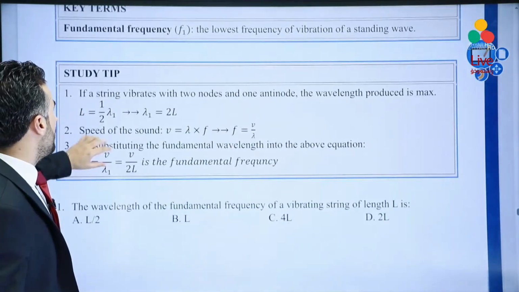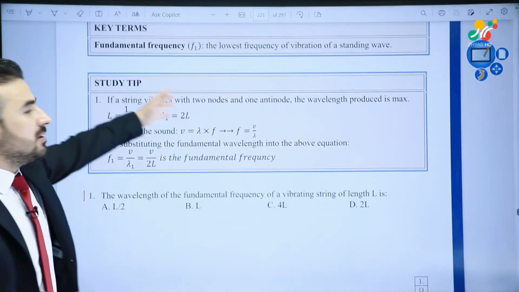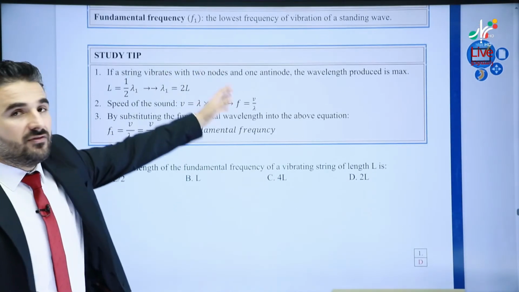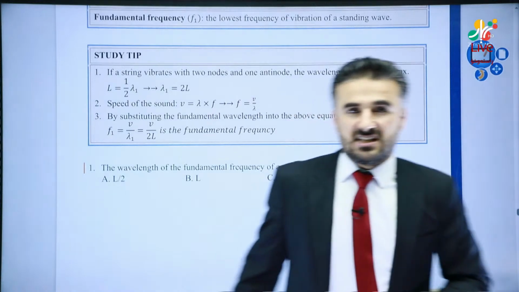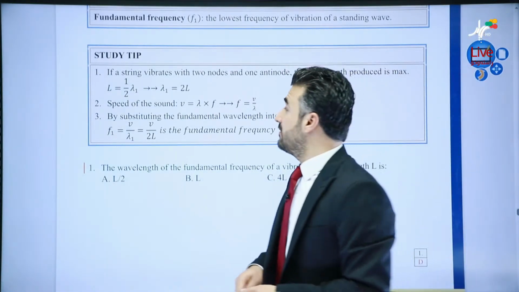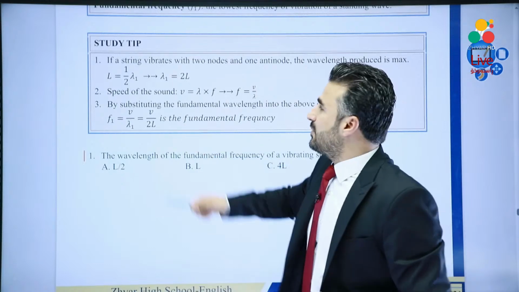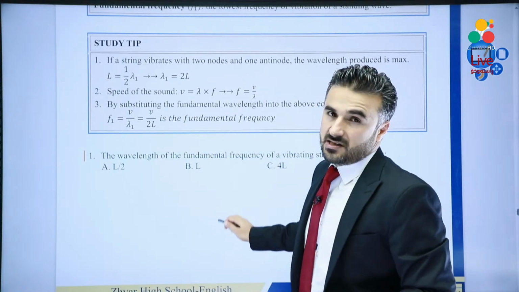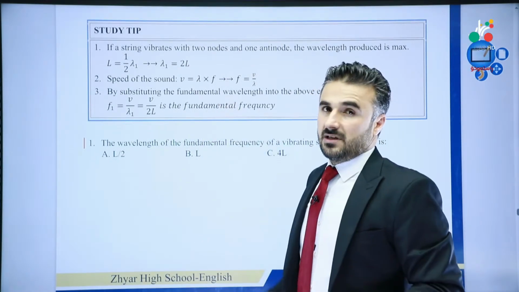We said if a string vibrates with two nodes and one antinode, then the wavelength produced will be maximum in length, and minimum in terms of frequency. We know that the speed of sound is V equals lambda times the frequency.